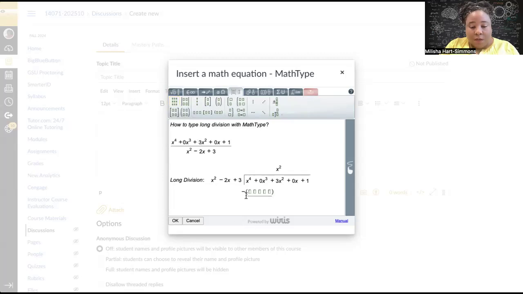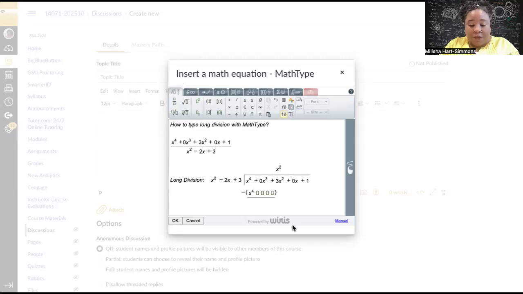Okay. So we know that this x squared times x squared will give us x to the 4th power. Okay. And then we have to multiply what? x squared times this negative 2x, which would be a negative 2x cubed.